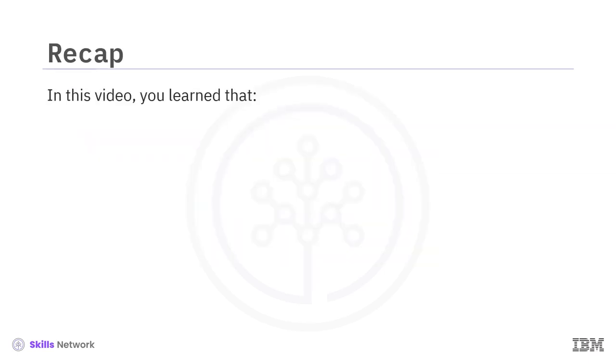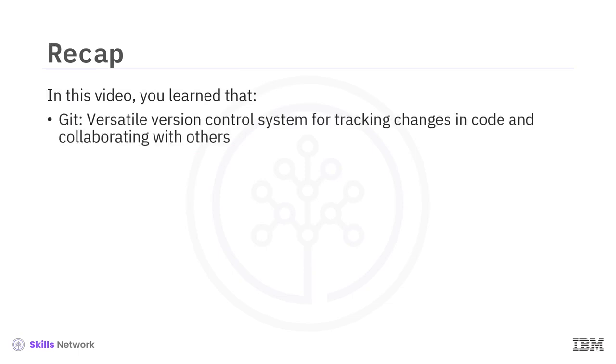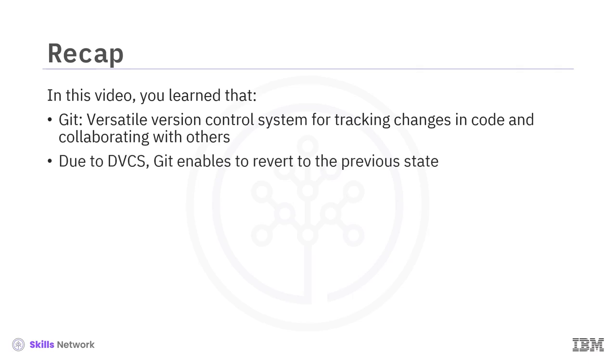Let's recap. In this video, you learned that Git is a versatile version control system used for tracking changes in code and collaborating with others on software projects. Due to being a distributed version control system, Git enables you to revert to the previous state or review the history of the project.